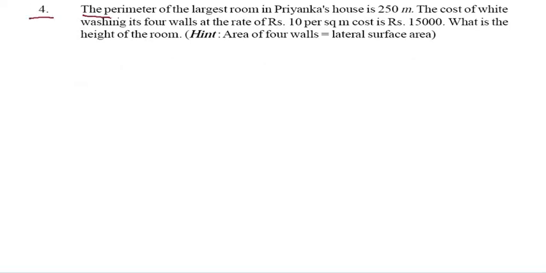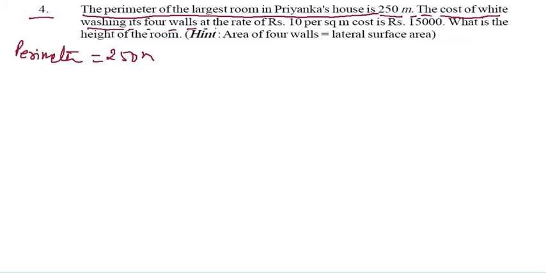Question number 4. The perimeter of the largest room in Priyanka's house is 250 meters. So that is the perimeter, so you have to write here perimeter is equal to 250 meters. The cost of whitewashing its 4 walls at the rate of 10 rupees per square meter, and the cost is 15,000.